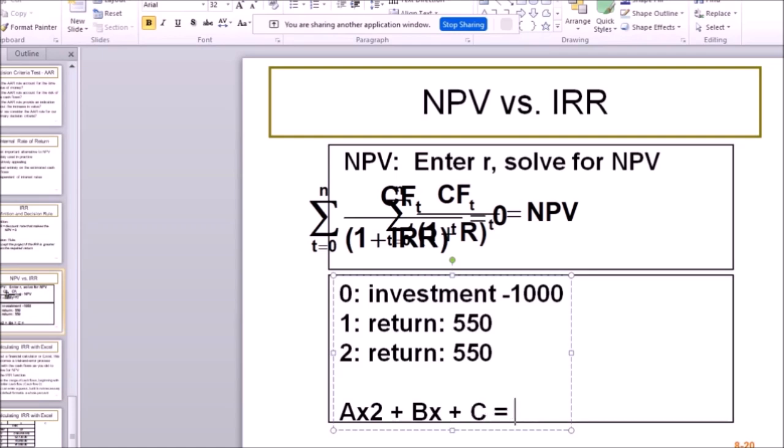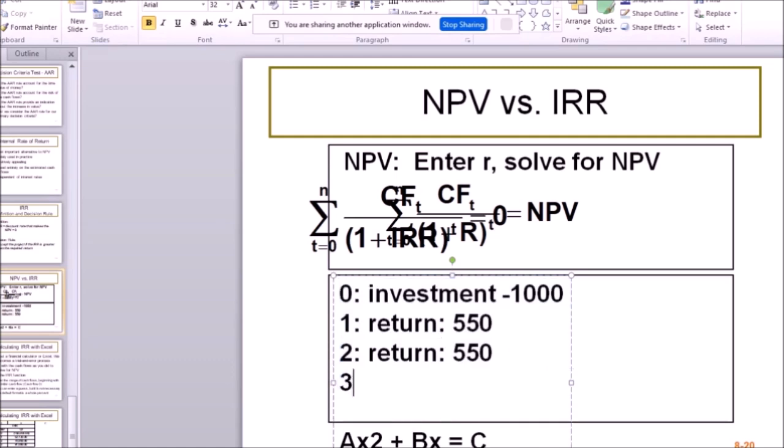Remember, you had these quadratic equations in high school. We calculate the discriminant, b plus minus the square root of whatever it is, I don't remember. It was a long time ago, so I don't memorize the formulas. But for a 2-year investment we can still do it by hand, although it already gets a bit difficult.